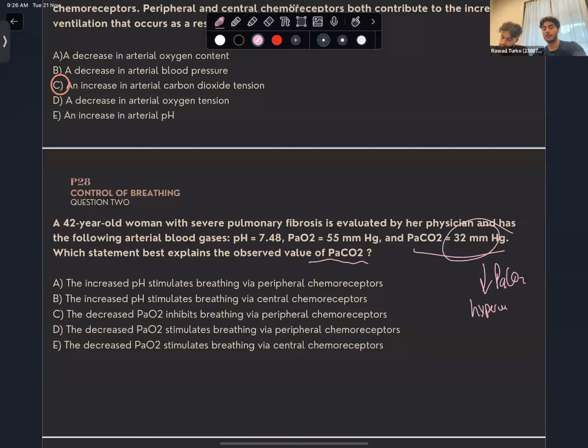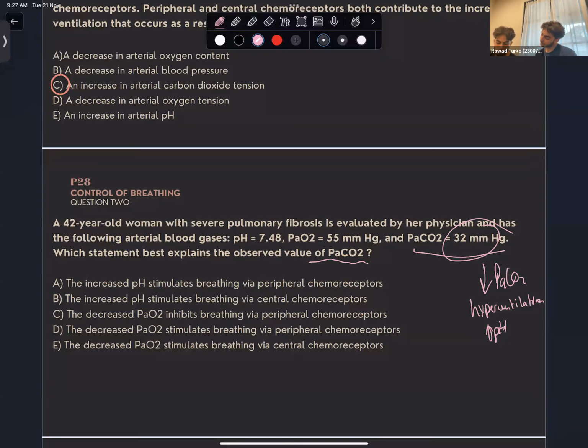You have the final results, and they're telling you what causes them. So you have the step before it, which is increased ventilation. You start to think backwards. What usually causes decreased PCO2? Increased ventilation. Now, what would cause the increased ventilation? That's where you start. One of you guys said increased pH, which is correct. Yes, there is an increase in pH.